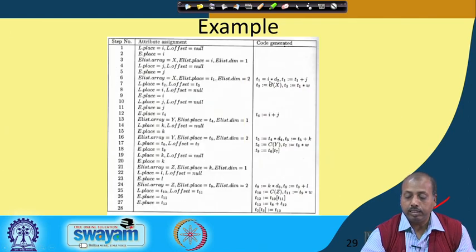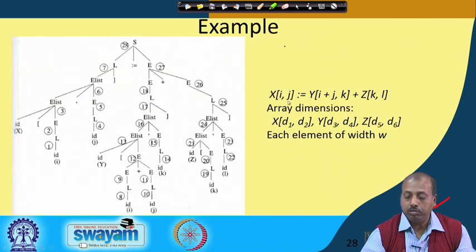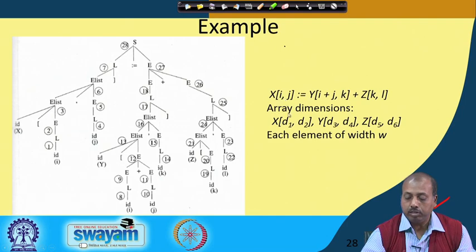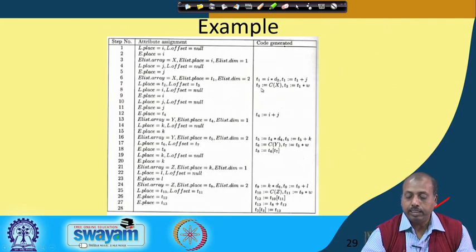So, this is I into d2, which is for the first dimension. Then it is doing T1 equal to T1 plus j. So, T1 was I into d2 plus j. That is giving me the offset of this ij, and T2 equal to constant part of x, and T3 equal to T1 into W. So, that gives me the actual offset.